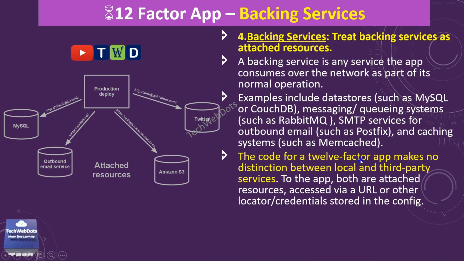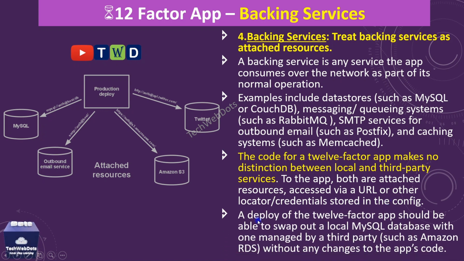The code for a 12-factor app makes no distinction between local and third-party services. What do we mean by this? To the app, both are attached resources, attached via a URL or other locator and credentials stored in the web config. But a deploy of the 12-factor app should be able to swap out a local MySQL database with one managed by a third party such as Amazon without any changes to the app code.